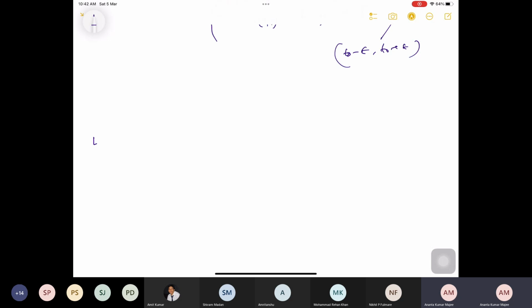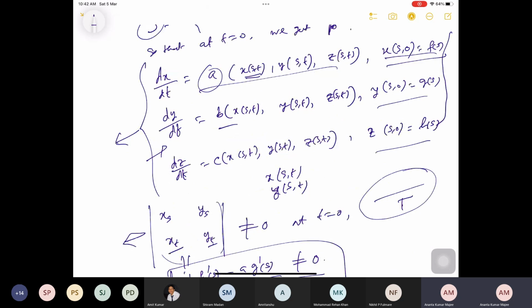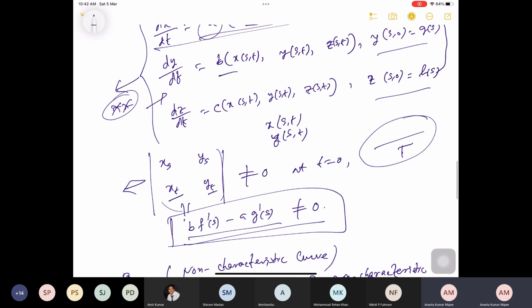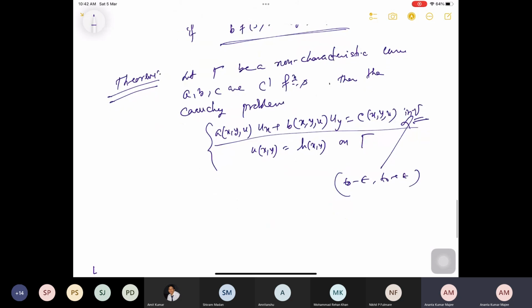If it is, then you solve this system of ODEs, say the double star system, to get x and y as functions of s and t. We know that if this is non-characteristic, I can convert it to x and y, and then you find the curve that gives you the solution to your Cauchy problem. Let us consider one example, then it will be clear.